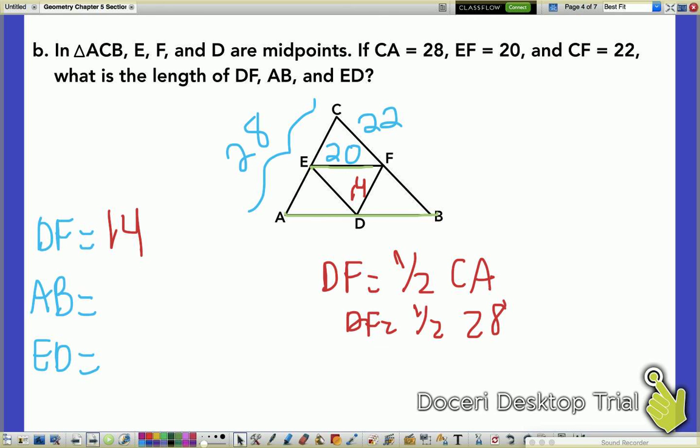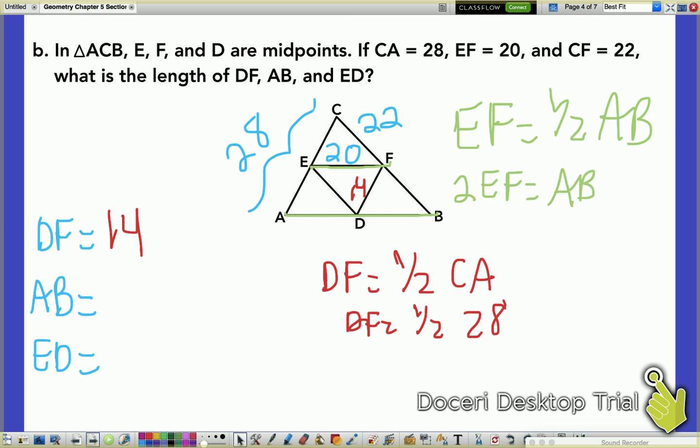Okay, well, EF is half of AB. Or 2 times EF would be AB. So AB would be 40. So 40 is AB, 20 is EF, and it's half.